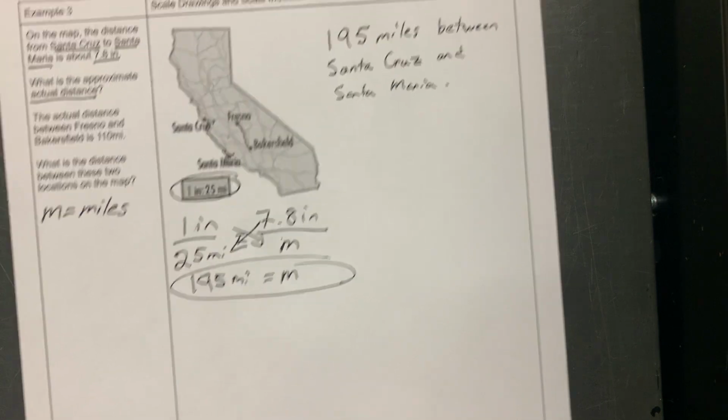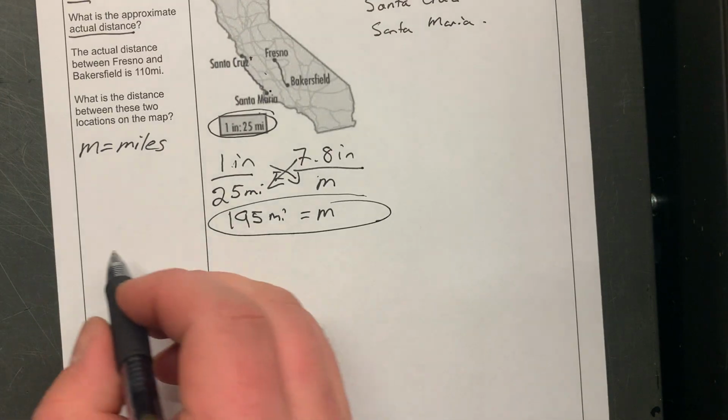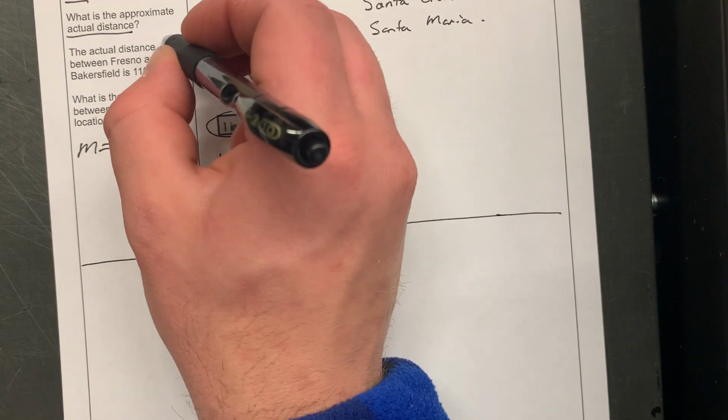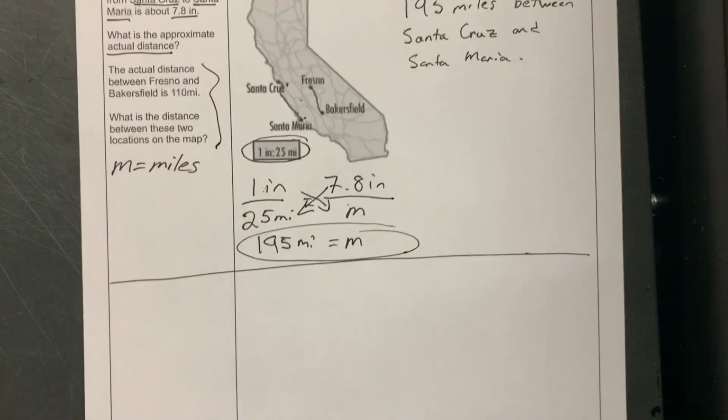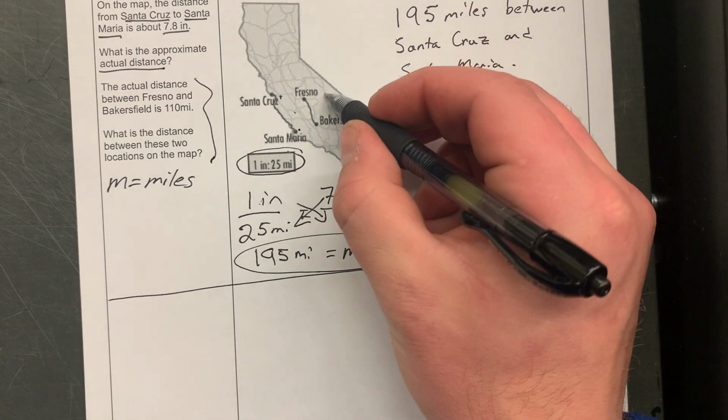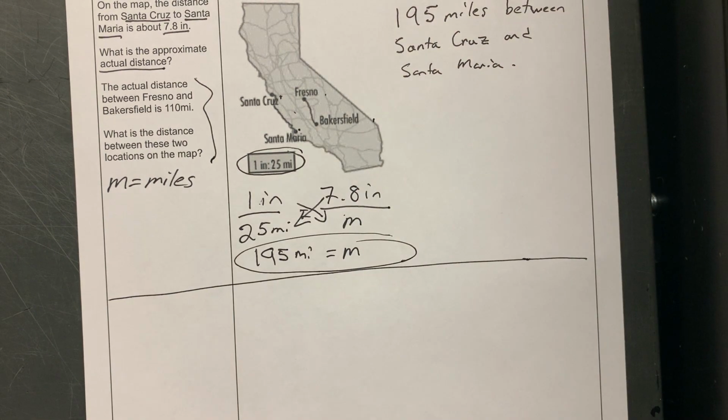Pretty straightforward, pretty easygoing ratio there. Now, I see that I have a second part to this application-based problem. The actual distance between Fresno and Bakersfield is 110 miles. So we need to find what is the distance between these two locations on the map. And remember, on the map, we're dealing with inches.